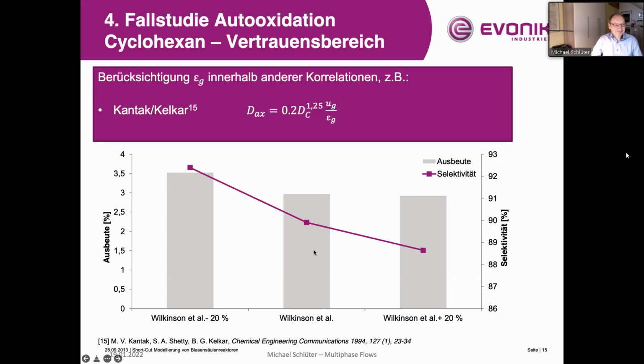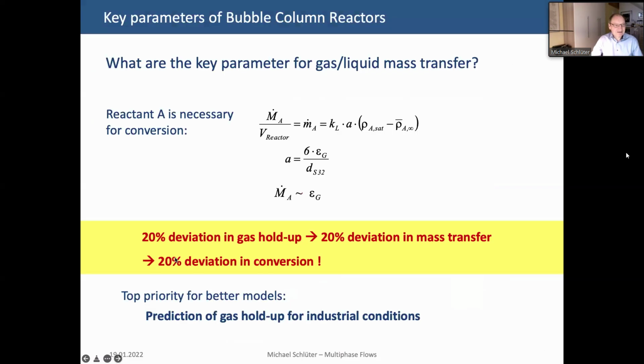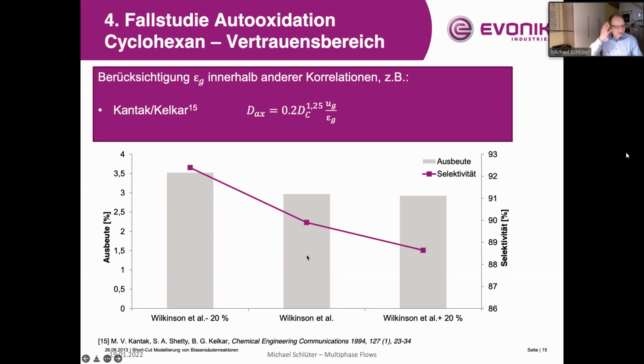And here we have the selectivity between 94 and 88. So even if we use one correlation, even this one correlation has still a lot of uncertainties. And in this case, the uncertainty is this axial dispersion coefficient that has been changed.